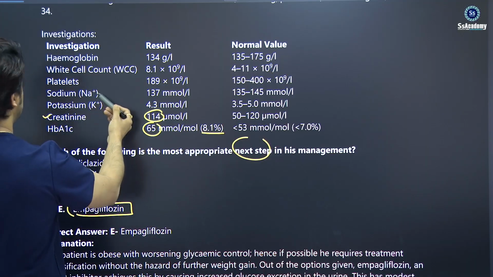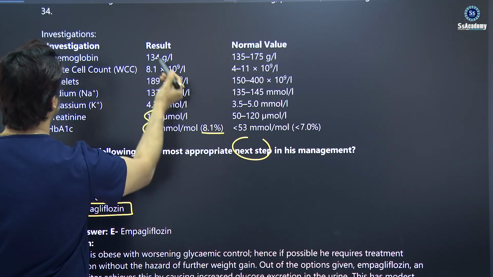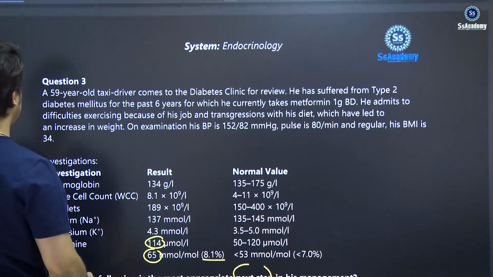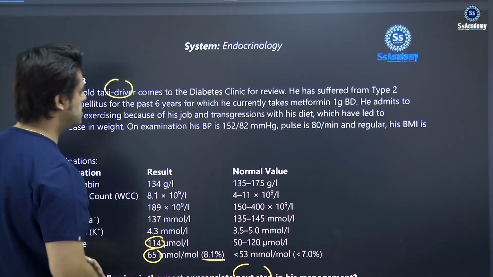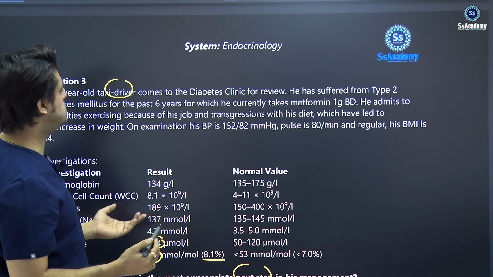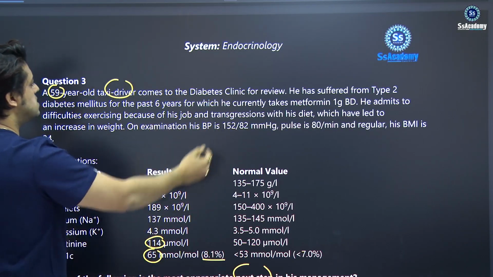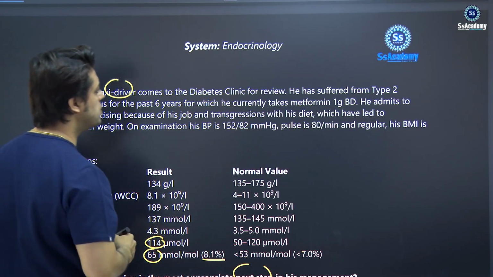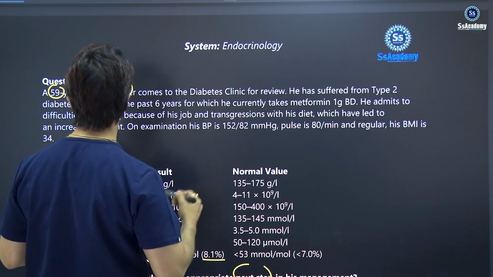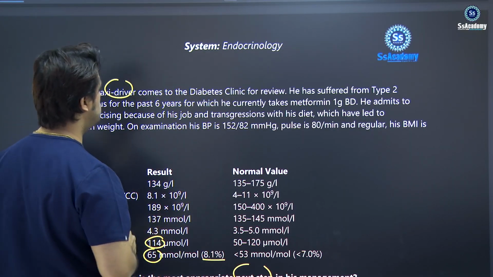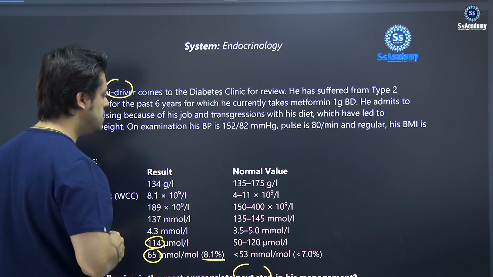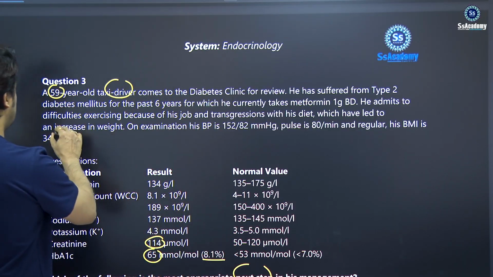Potassium, sodium, platelets, WBC and hemoglobin levels are normal. A 59-year-old taxi driver comes to the diabetic clinic for review. He has suffered from type 2 diabetes for the past 6 years, and currently takes metformin 1 gram BD. He admits to difficulties exercising because of his job and transgressions with his diet, which has led to an increase in weight.